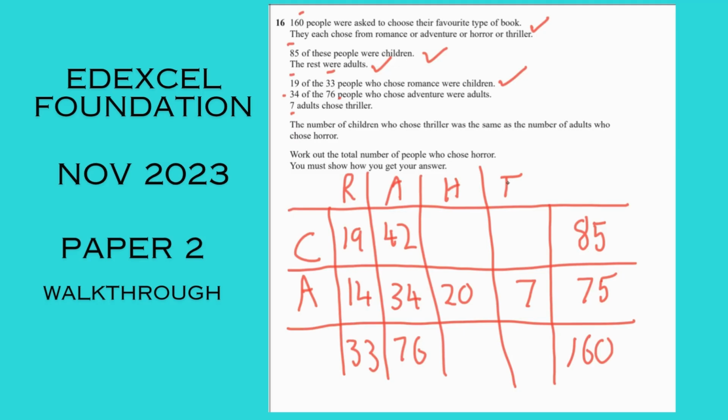The number of children who chose thriller was the same as the number of adults who chose horror. So we can stick a 27 in there. We can do a subtraction: 160 minus 27 minus 76 minus 33 to give us 24 in there.